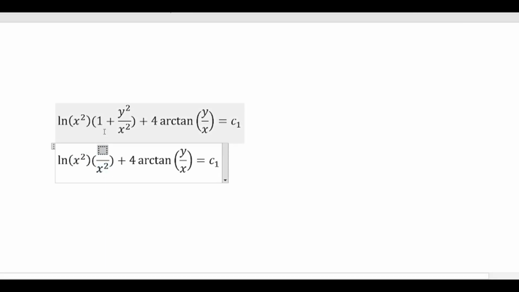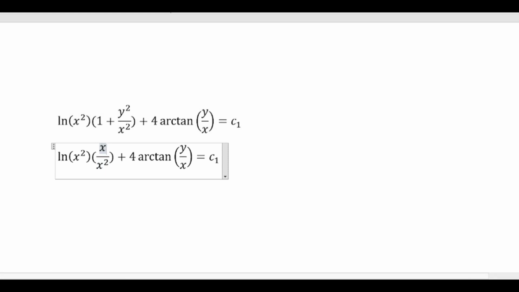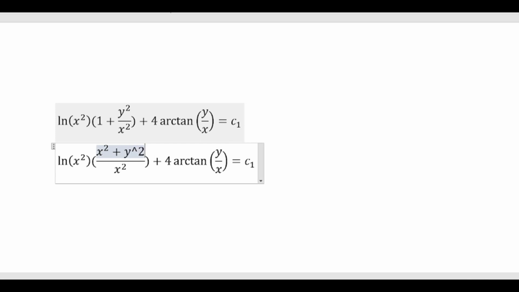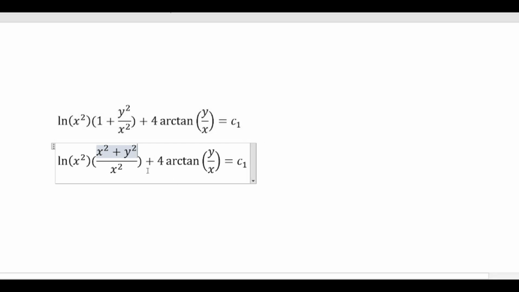Now, x squared divided by 1 is x squared, of course. And then x squared divided by x squared, plus 1 plus y times y squared, that would be plus y squared. All right. Now after that, this x squared and this x squared can be cancelled out.